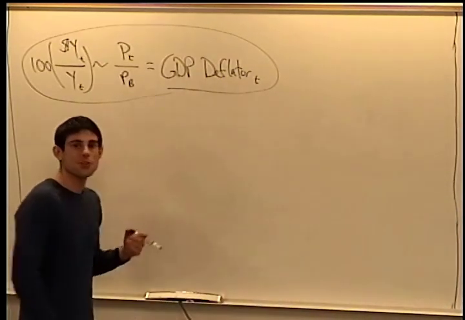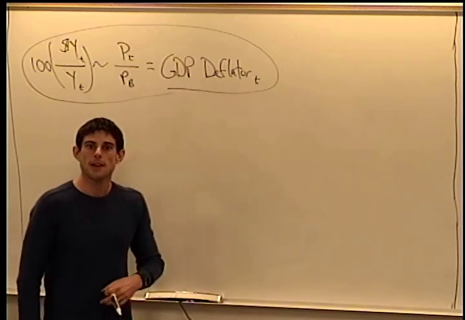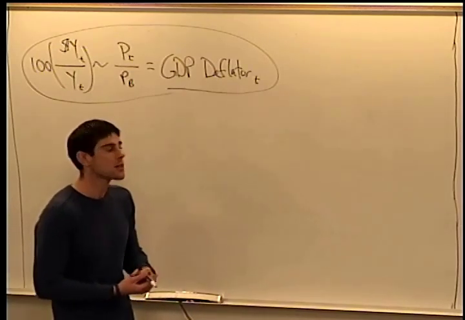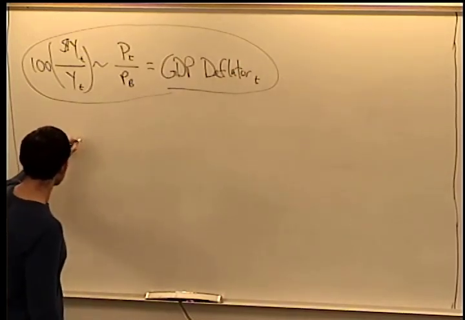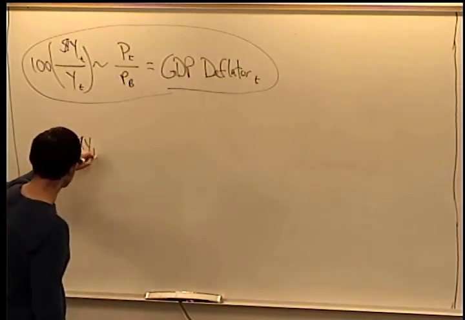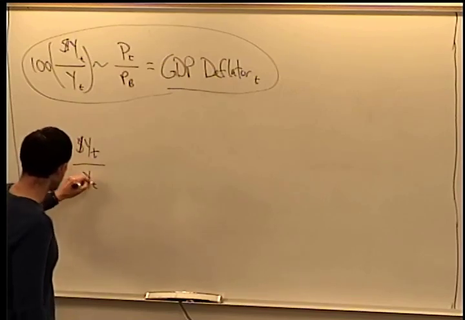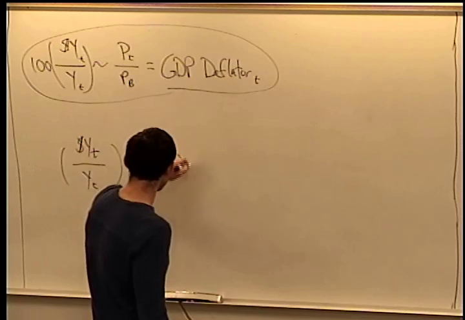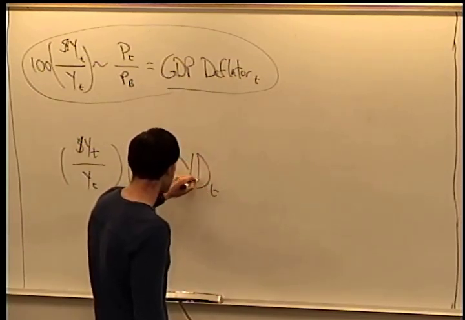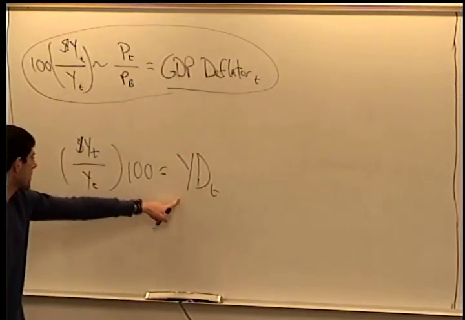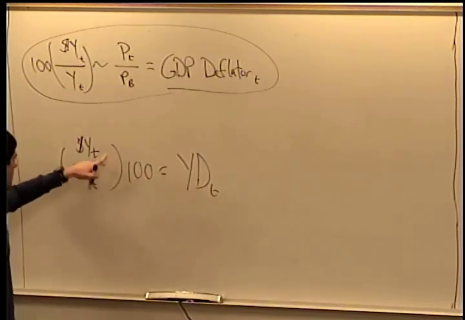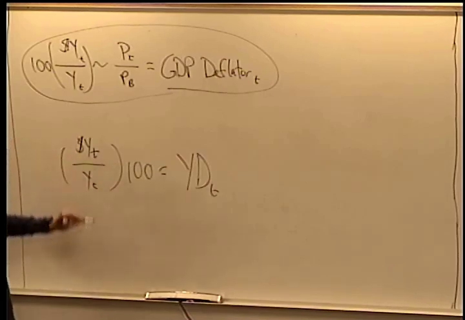So what happens if you know nominal GDP and the GDP deflator? What is real GDP in that case? So we have $Y over Y times 100 equals, we'll call it YD for the GDP deflator. Okay, so we have this formula. So if I know this and I know this, can I find YT?